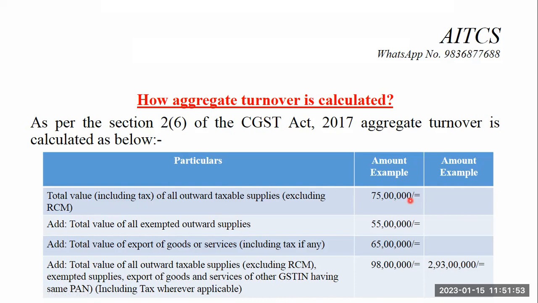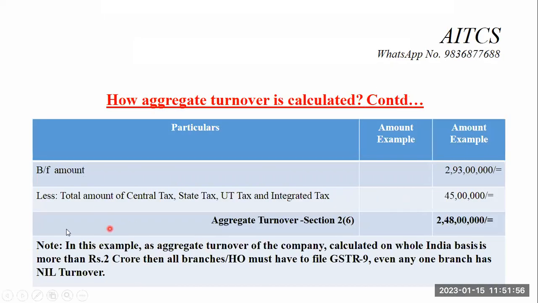That is why, at last, the total amount of central tax and state tax is deducted. After deduction, what is left is the aggregate turnover of that section. In this example, the aggregate turnover is 2 crore 48 lakh.